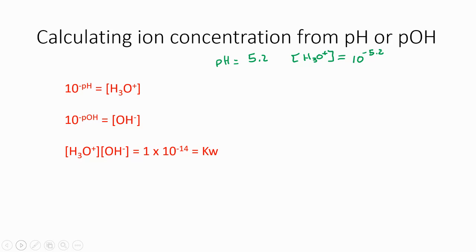Now, putting that into your calculator, we would get 10 raised to the negative 5.2, and we get 6.31 times 10 to the minus 6 molar. And that is the H3O plus concentration of that particular solution. You can do the same exact thing with pOH in order to find the OH minus concentration.